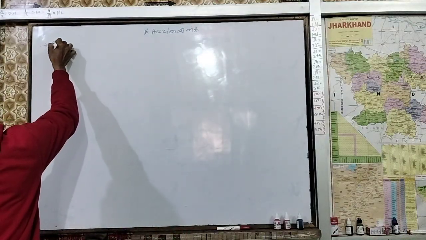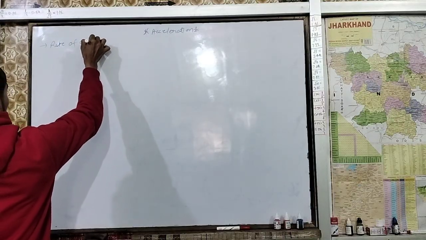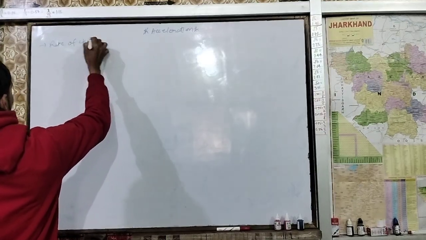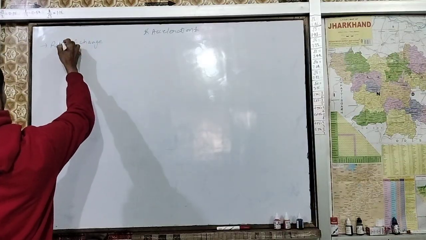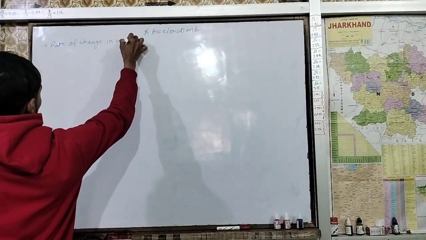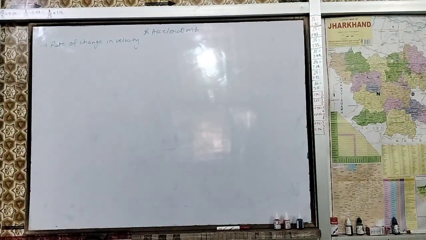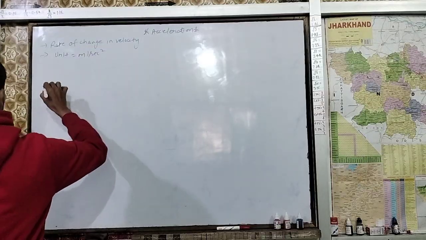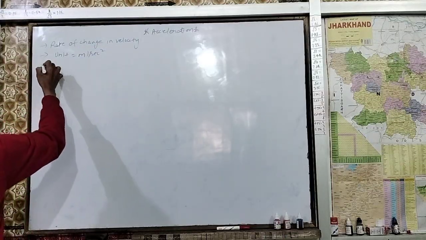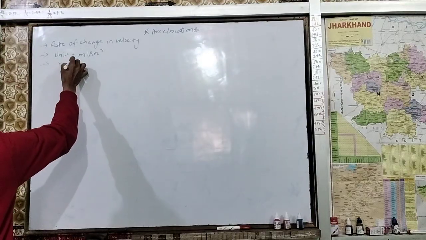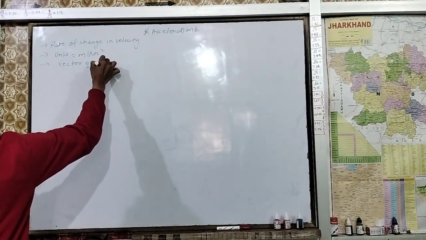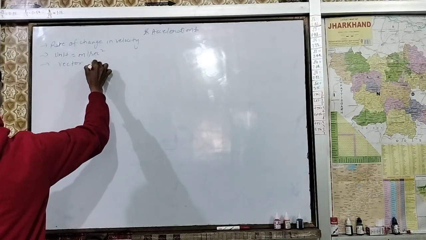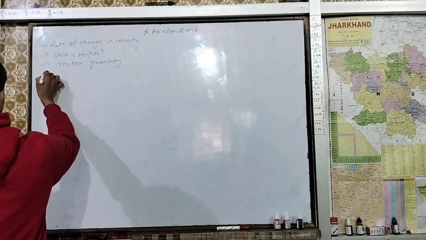The definition is very simple: rate of change in velocity. Change in velocity is known as acceleration. The unit is meter per second square. When it comes to the type of quantity, this is a vector quantity.